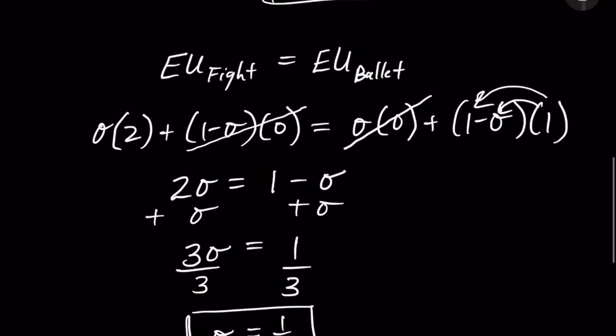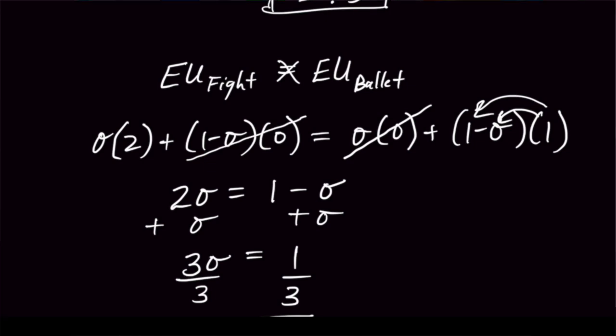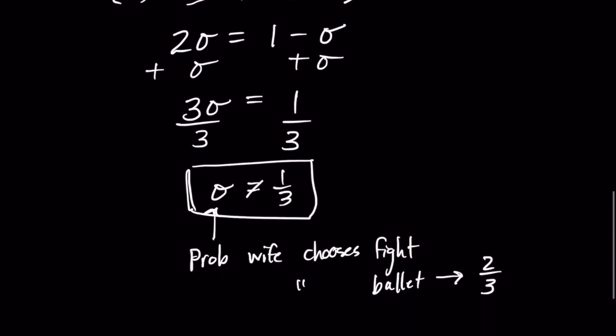Well, what we can also do is change the equals up here. If we change that to greater than, then what this tells me is the point at which the expected value of fight is greater than the expected value of ballet. And if I change the equal sign there, I can also change it here.